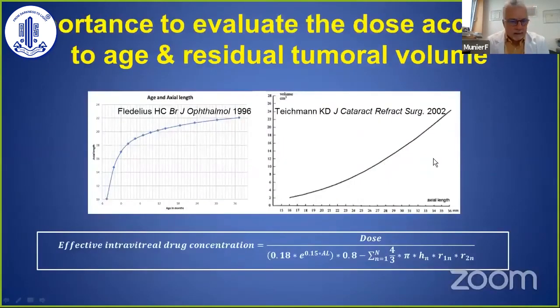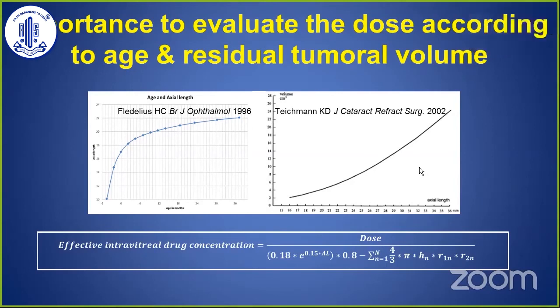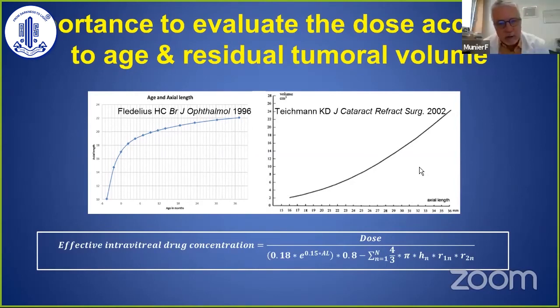Now, regarding the importance to give the appropriate dose and to keep it at a secure level, you have to take into account two things: the growth of the child, so the age, and the residual tumor volume. As you know, it can vary.